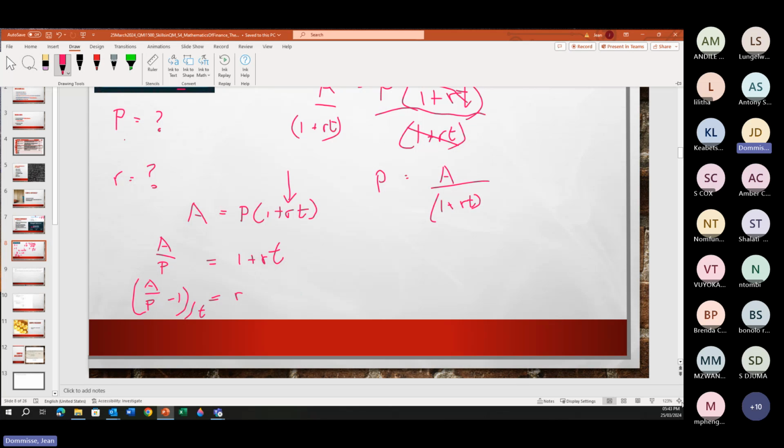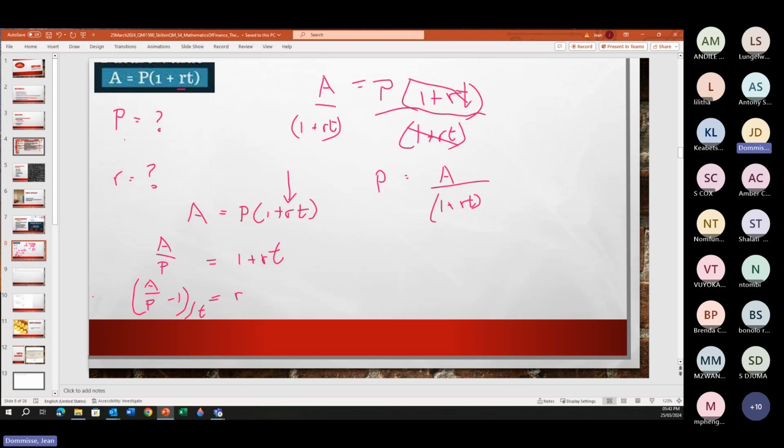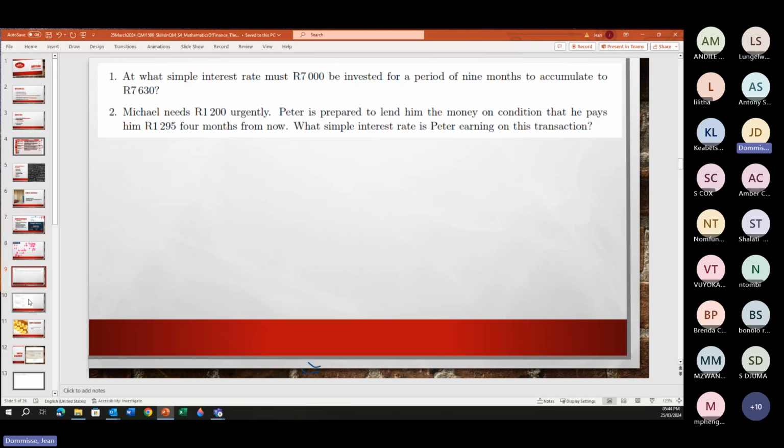Okay, so the first example. At what simple interest rate? So we must work out the interest rate. So already out of my formula, remember, we will need to get to the interest rate one.